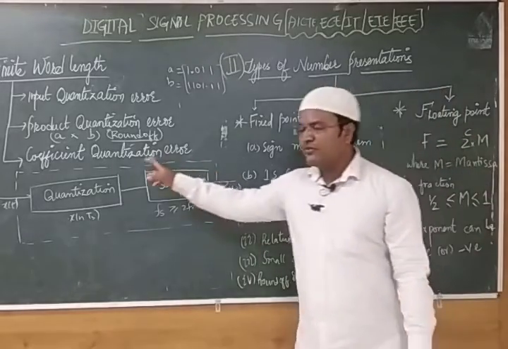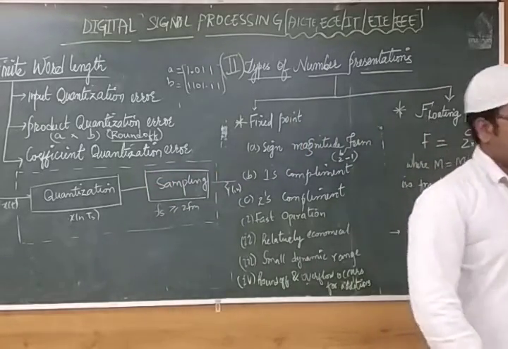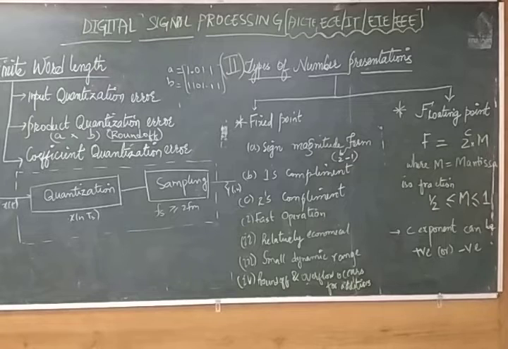Next is coefficient quantization errors. We have filters, IIR filters and FIR filters. When you design a filter, you get a desired output response. The filter coefficients are computed with infinite precision in theory.